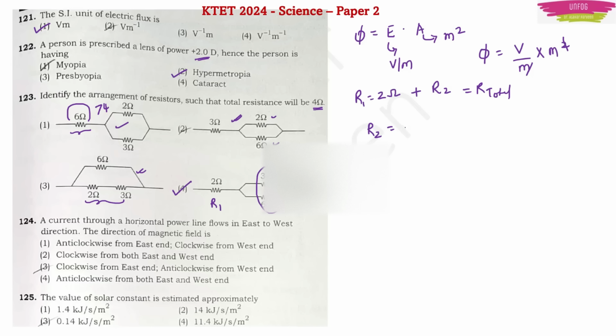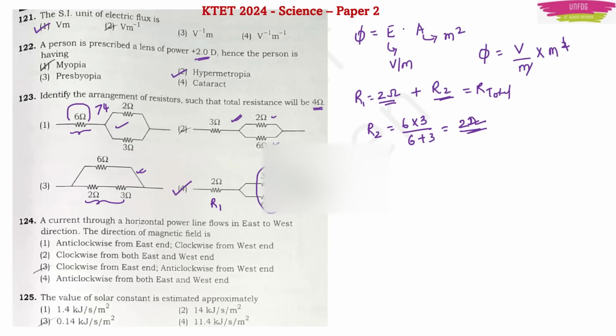R2 is 2 resistors in parallel. So for parallel resistance, I can just multiply 6 and 3 and divide it by 6 plus 3. So I will get 18 by 9, which is 2 ohms. So here 2 ohms, here also 2 ohms. Total thing will be 4 ohms. That's why option 4 will be the correct answer here.